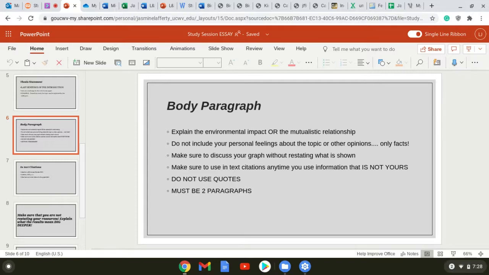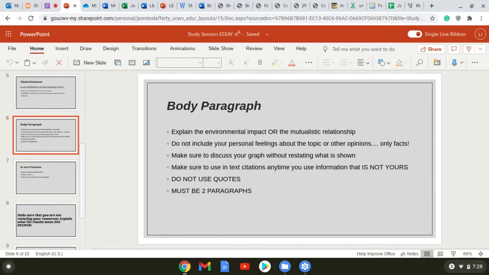Political beliefs, personal beliefs, biased feelings, or if the other way is you think that climate change is drastically affecting the polar bears and the source that you found says that polar bears are not that badly affected, which I don't believe is true, but say a source says it. You have to go off of the source you have seen, okay? Off of your two sources. So your opinions, they matter, but not in this paper.